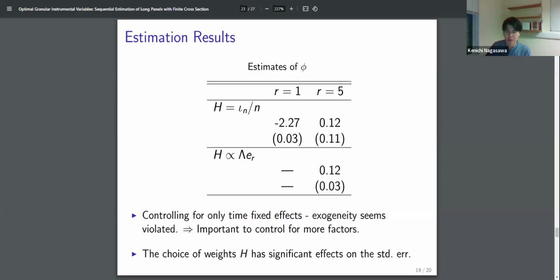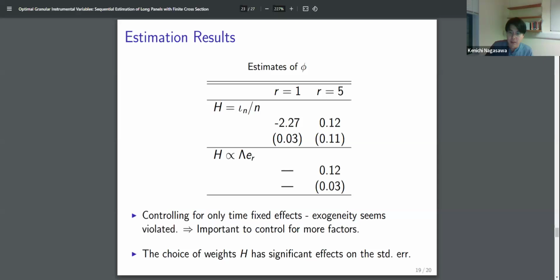When you look at the confidence interval, it still includes negative values, which is a bit worrying. So next, keeping the number of factors, we change the vector h. The way we choose the vector h is to use the estimated factor loadings and combine them to create an asymptotically valid choice of weight vector, and that reduces the standard error quite a bit.